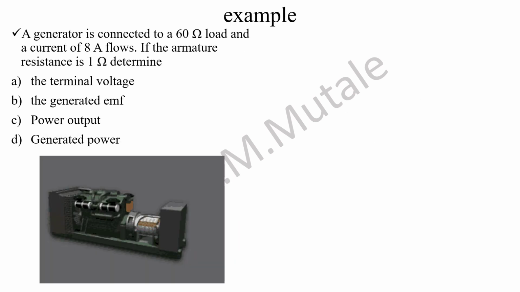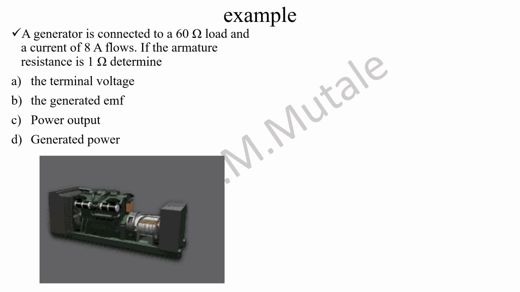We're looking at an example. The question reads: a generator is connected to a 60 ohm load and a current of 8 amps flows. If the armature resistance is 1 ohm, determine the following: terminal voltage, generated EMF, power output, as well as the generated power.